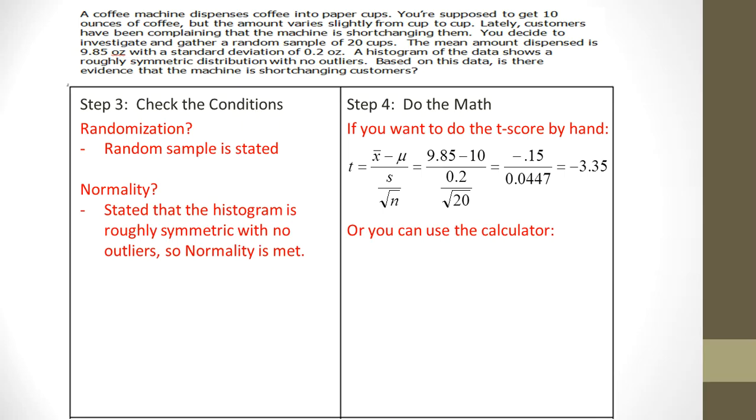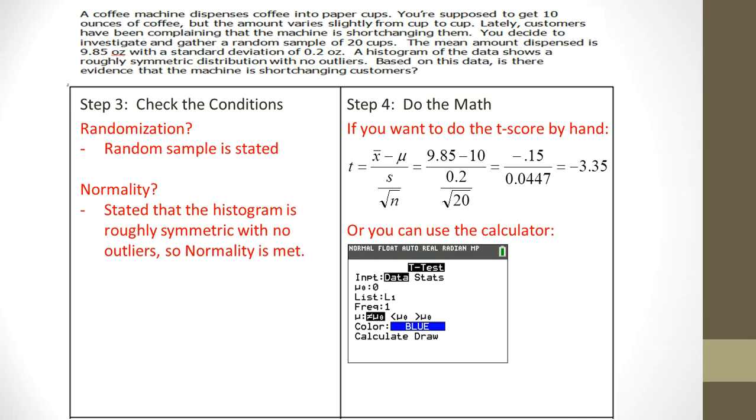You're going to go to Stat, over to Tests, to the t-tests. And when you first bring it up, it's going to look like this. And notice it says Input Data or Stats. Data is if you have a list of information that you've typed into L1. Here we have Stats. So click over to Stats. It asks for mu0, x bar, sx, and n.